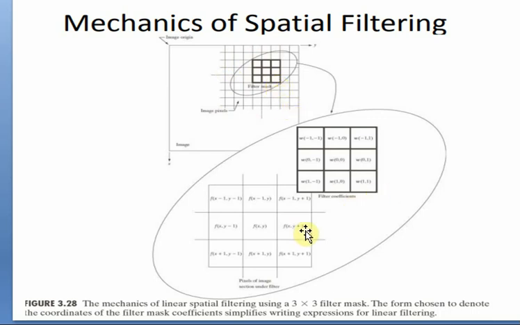Now if I take w of x comma y, it is coincident with f of x comma y, for example, and this covers the neighbor pixels of the input image, that means f of x comma y plus 1, f of x comma y minus 1, and so on. So it covers the 8 neighbors of f of x comma y.